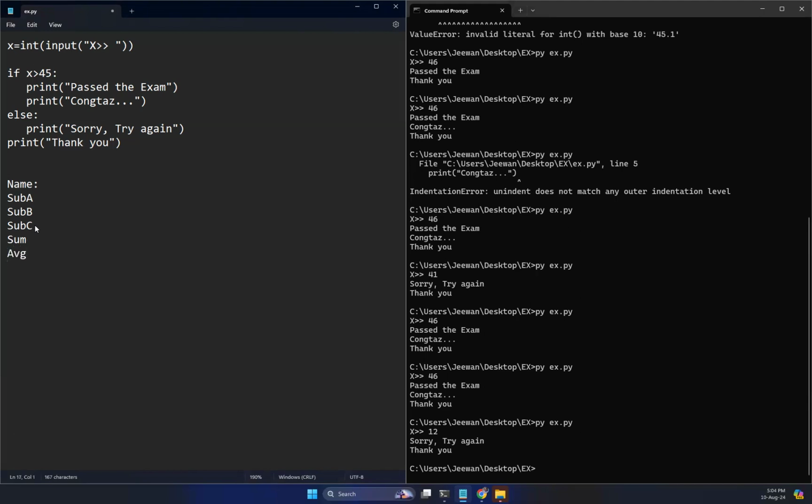If the average is above or equal to 45, you need to say pass. Otherwise fail. Okay, do this. Do it and send me the code via chat, please.